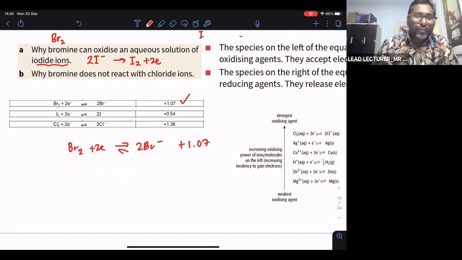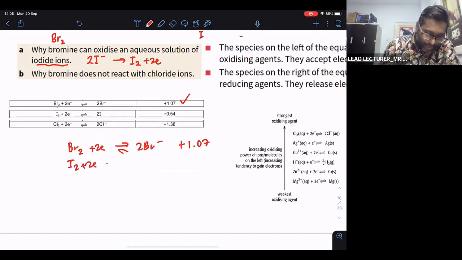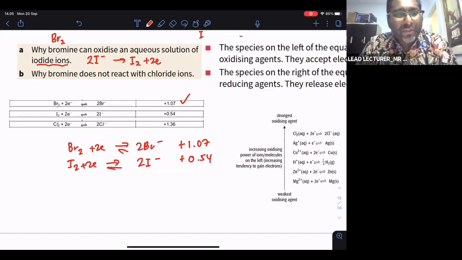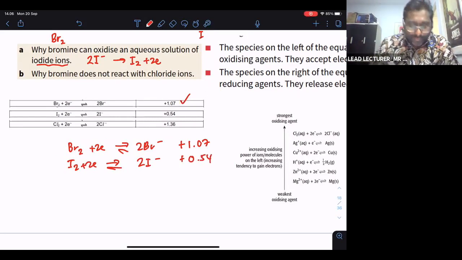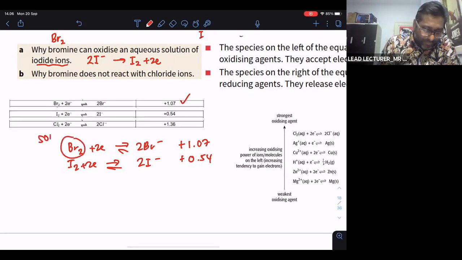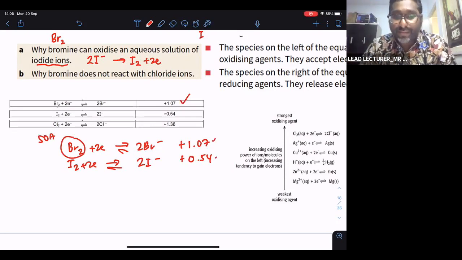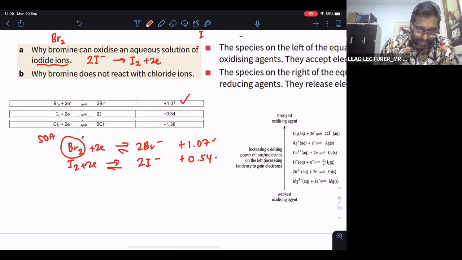And then you write down for I, that's going to be I2 plus 2 electrons to give you 2I minus. This is going to be 0.54. If I want to find out, can this Br2, this is going to be a strong oxidizing agent. You can see this is more positive, this is less positive. Remember how you rearrange them. This one can oxidize the strong reducing agent. So you can see they can. The answer is can.